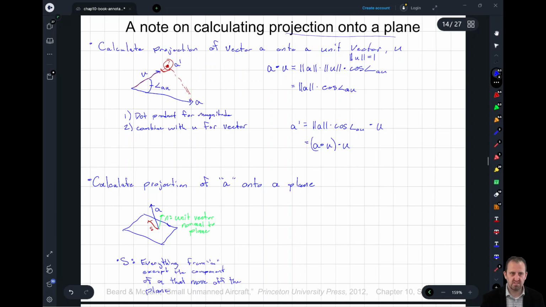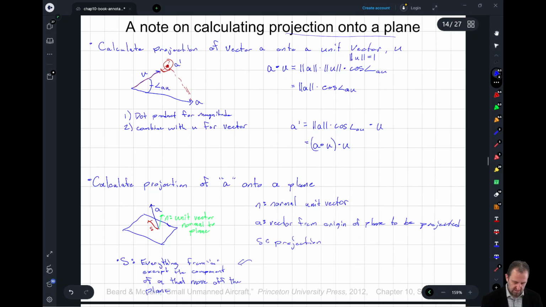So that's just a high level of what we're doing. Let's define everything. We have N as our normal unit vector. A is going to be a vector to be projected, and that's from the origin. And S is the projection.